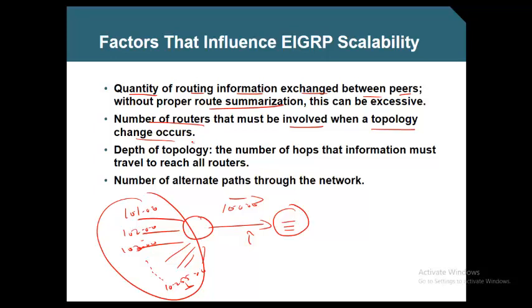That's not good. Likewise, in networking, if any change occurs, the change should not involve many routers. For example, if this link goes down, will this router get involved? No, because we have summarized. So the number of routers that must be involved when the topology change occurs is minimized here.